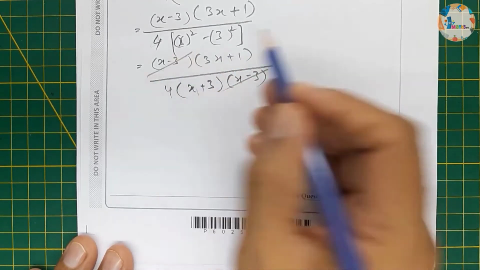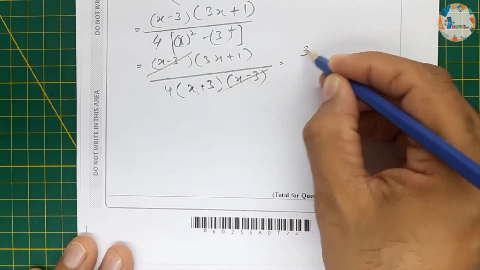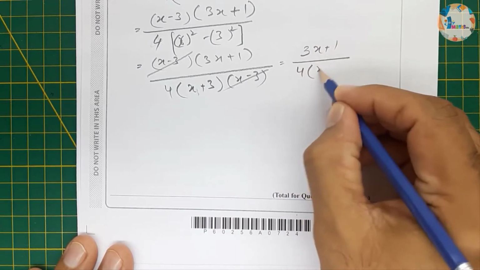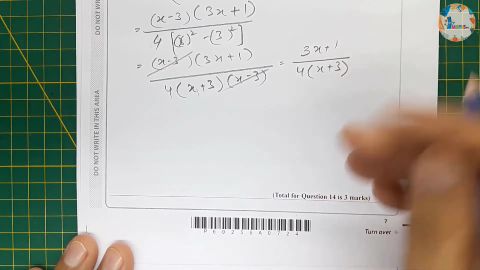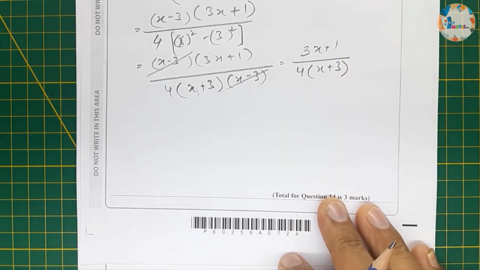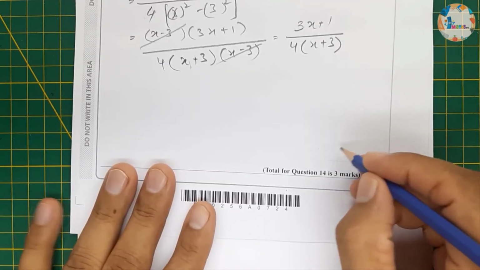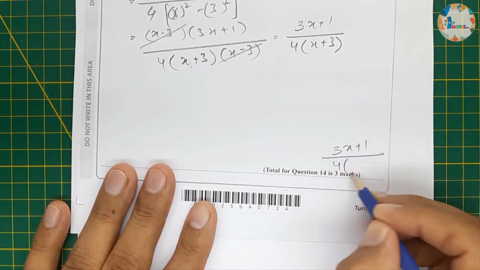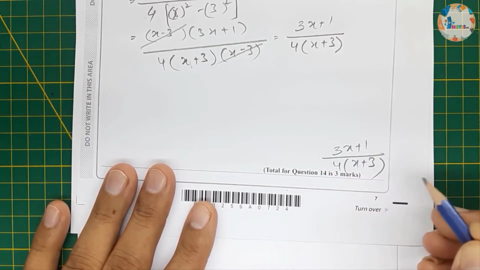So x minus 3 will be cancelled with this, and final answer will be 3x plus 1 over 4 into x plus 3. This will be our final answer to this question. So the proper location is provided for the placement of the answer, which we have written over here.